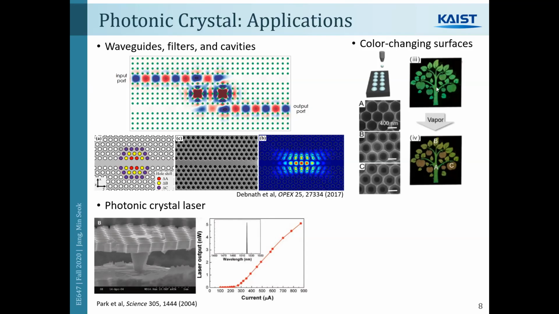And by using that, you can change the color of the photonic crystal from this to that. And this can be used for color changing paints or security paints or other applications.